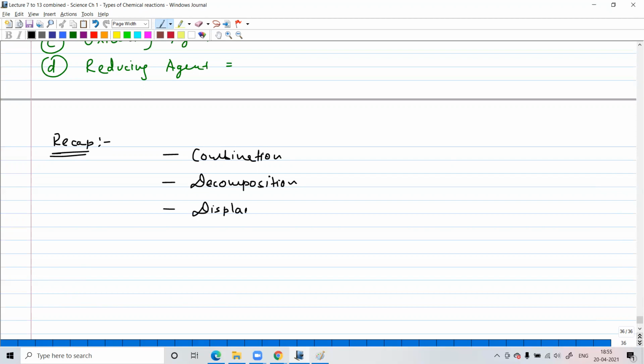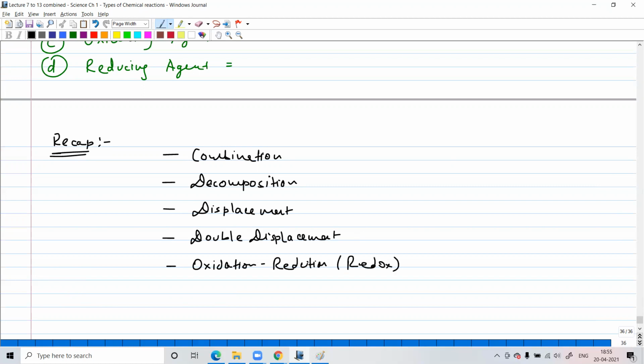Then double displacement. Then oxidation reduction, which is also called redox. And remember, in double displacement reactions, we studied precipitation reactions also along with that. Most of the double displacement reactions were precipitation reactions also.